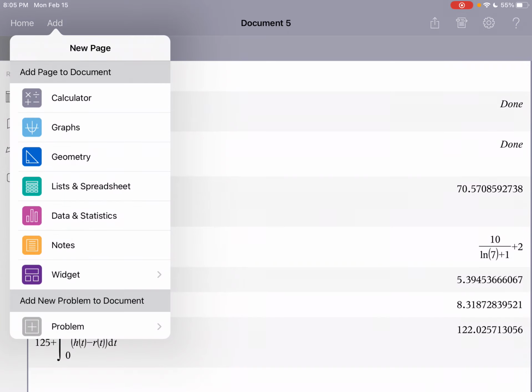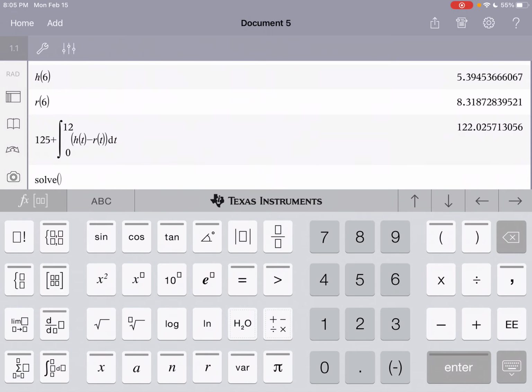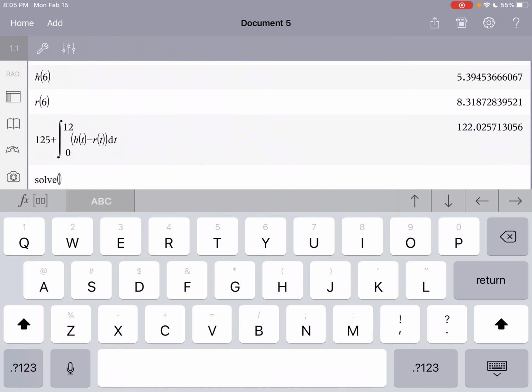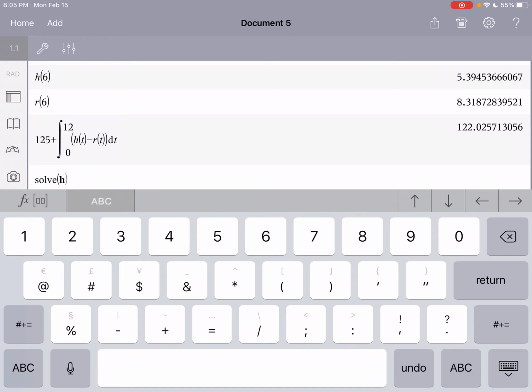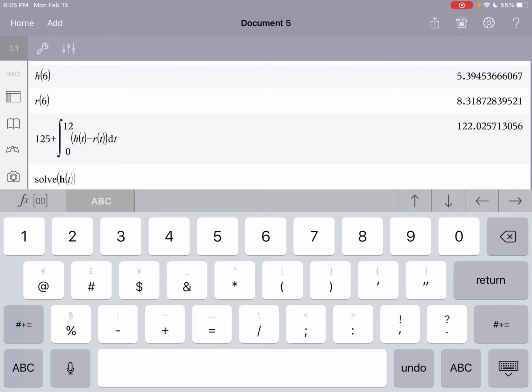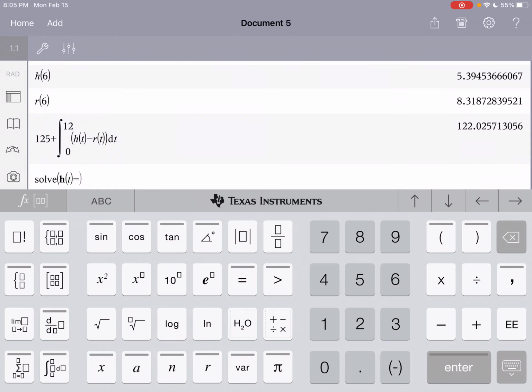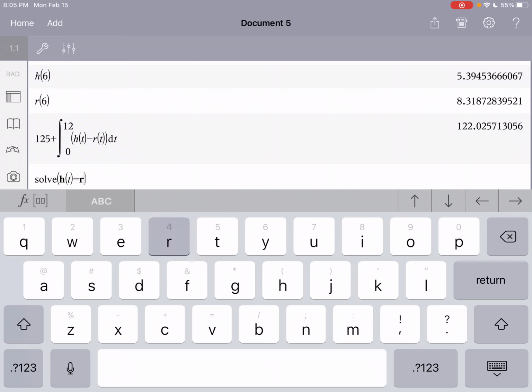I'm going to hit my wrench again. I'm going to go back to my algebra menu now, guys. So for you, it's going to be menu 3 and then number 1. We want to solve here. We want to know where h of t is equal to r of t.